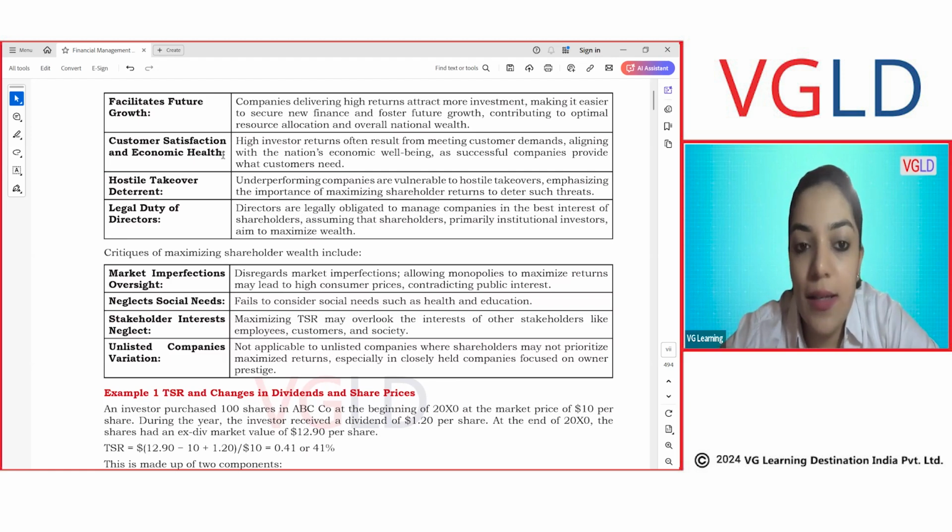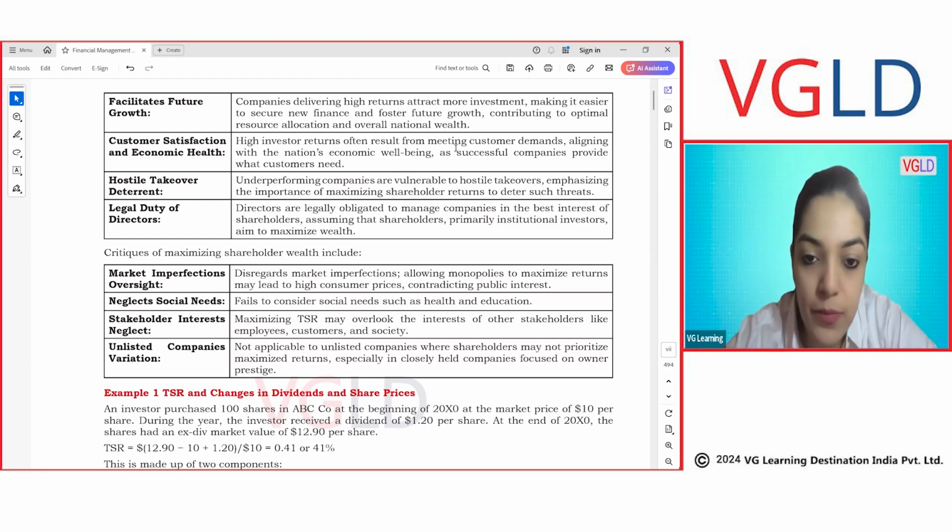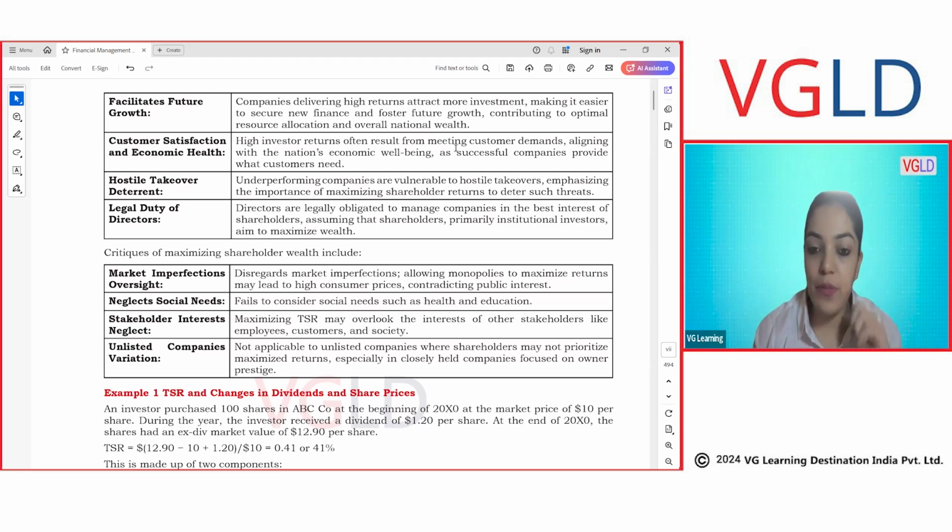Second is customer satisfaction and economic health. High investor returns often result from meeting customer demands, aligning with the nation's economic well being, as successful companies provide what customers need. See, you must have heard that the customer is the king.